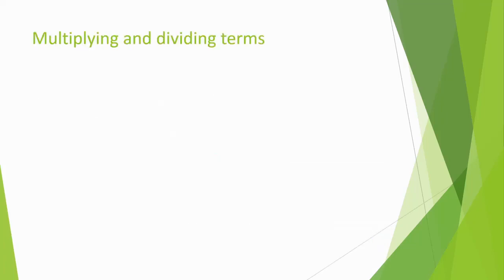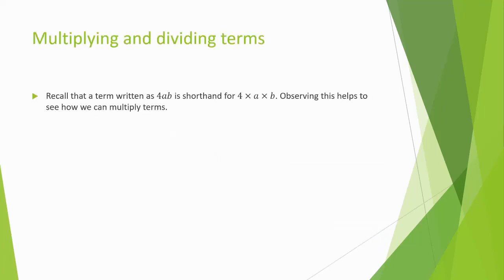So, multiplying and dividing like terms. Just a reminder, when we've got 4ab, it's really 4 times a times b. And this really does help us a lot when we're multiplying out terms. So here you can see we have 4ab times 3c, and I've expanded it out so that it's 4 times a times b times 3 times c.